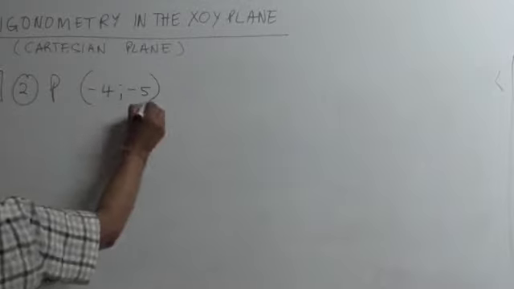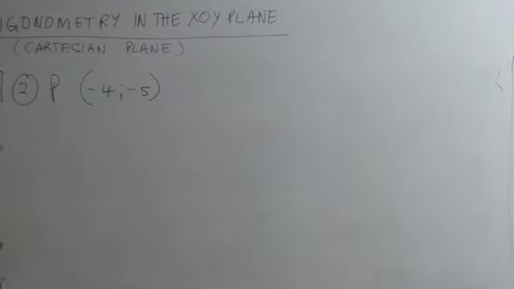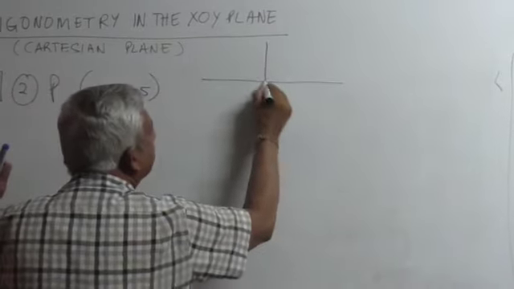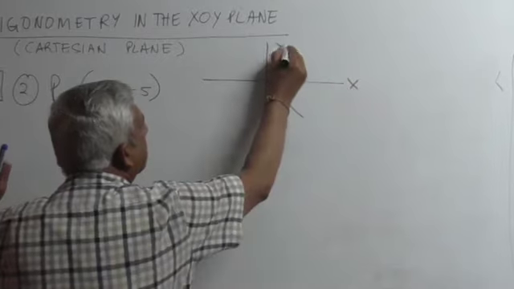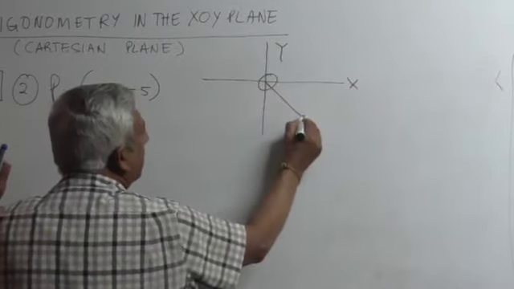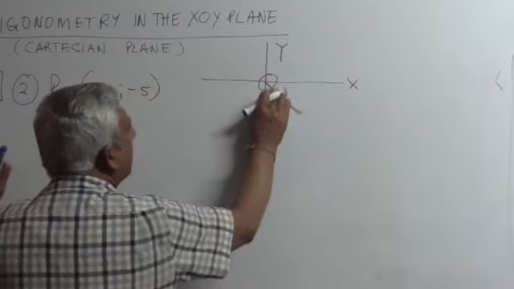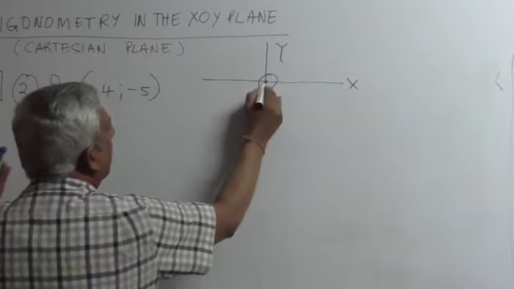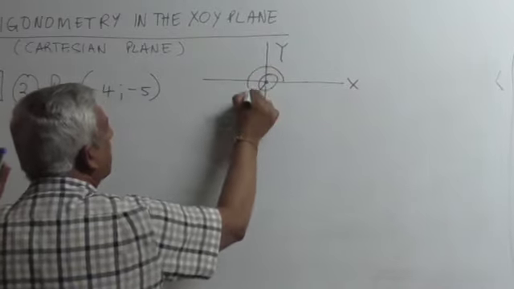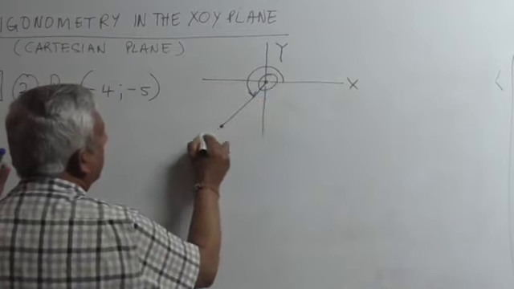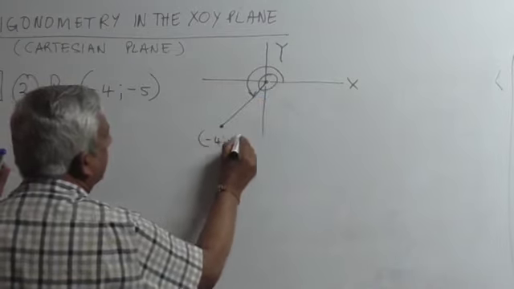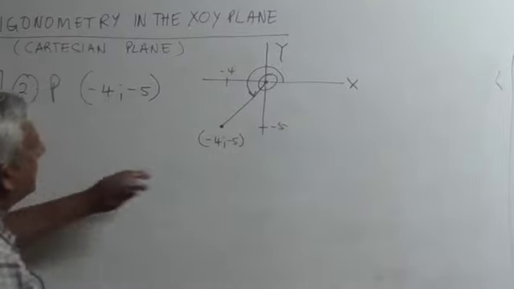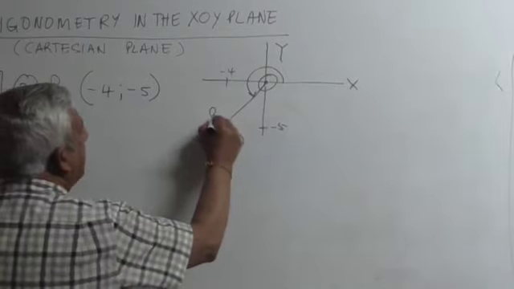We're going to draw the plane here: that's your x-axis, that's your y-axis, that's your 0. (-4, -5) won't be here; it will be somewhere in this quadrant. So that's your angle, that's -4, that's -5, and that's point P.